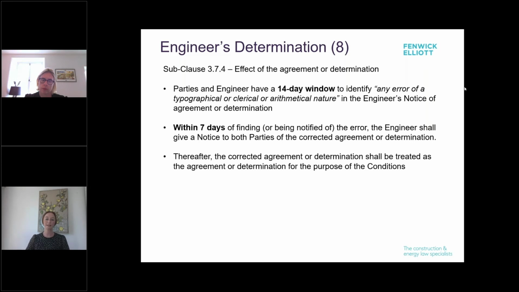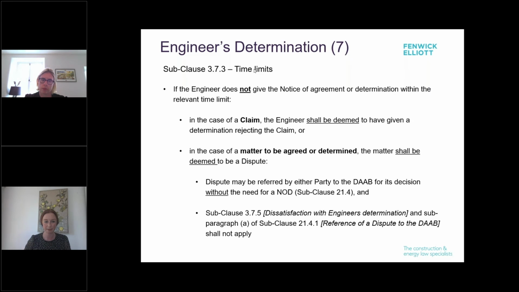So the effect of, oh, sorry, I skipped on there. So if the engineer doesn't give this notice of agreement or determination within that 42-day time limit, it's deemed essentially to be a rejection of the claim.